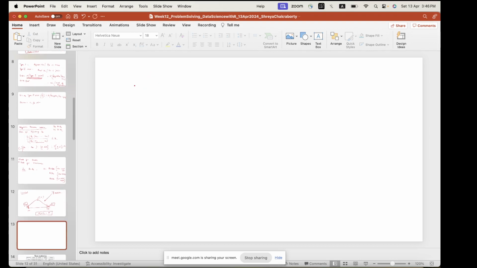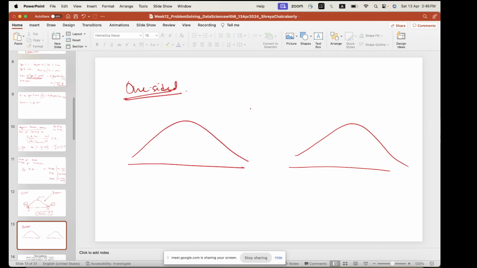In case of a one-sided test, let's say this is the distribution of the test statistic. Now under H1, if H1 is true, our test statistic should fall in this region, or it could also fall in this region.